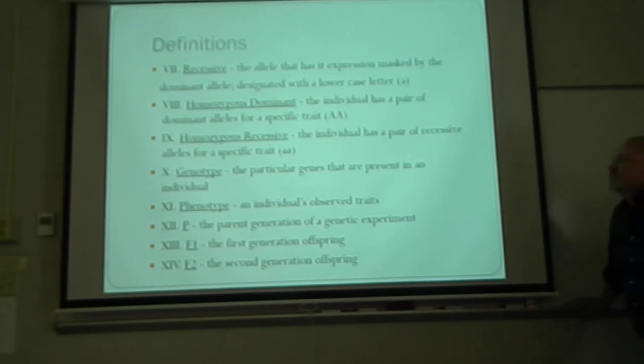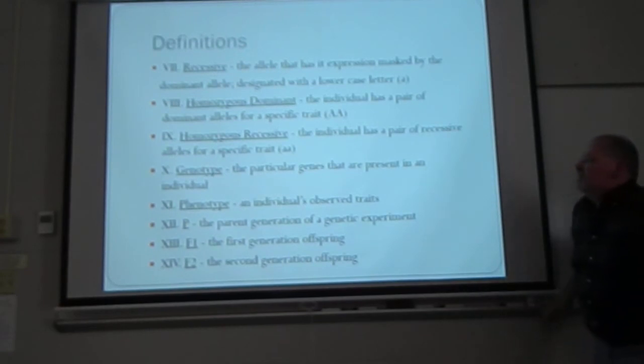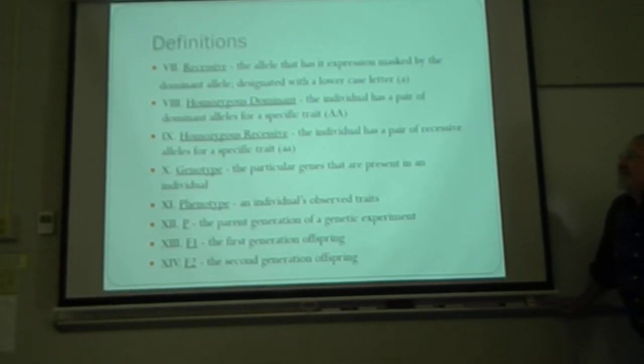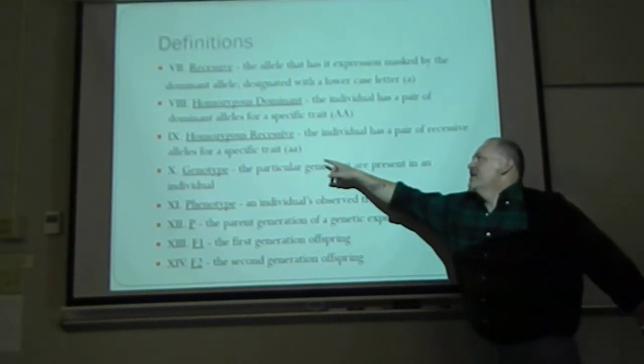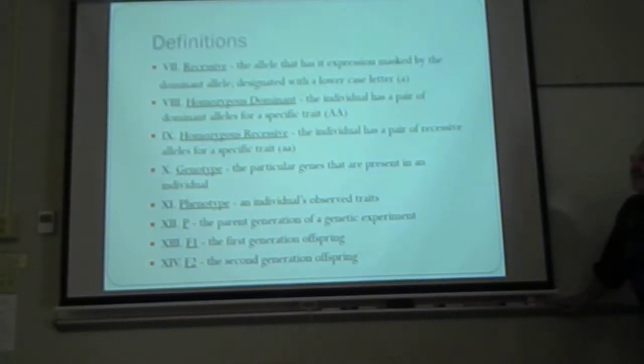If we have two dominant alleles, the individual is called homozygous dominant, because homozygous means it has the same alleles. If it's homozygous recessive, it has two recessive alleles. The term genotype is the particular genes that are present in an individual as represented by the alleles.